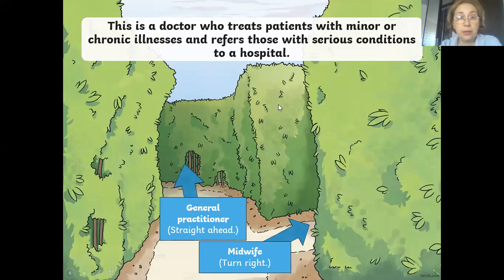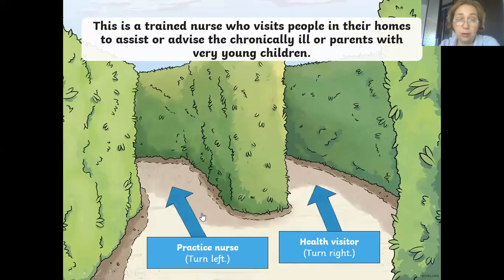So the next, this is a doctor who treats patients with minor and chronic illnesses and refers those with serious conditions to a hospital. Is it a general practitioner or midwife? Yes, Emma? General practitioner.